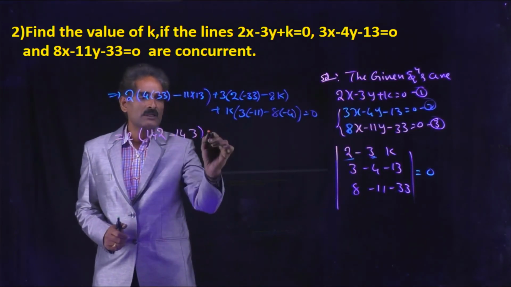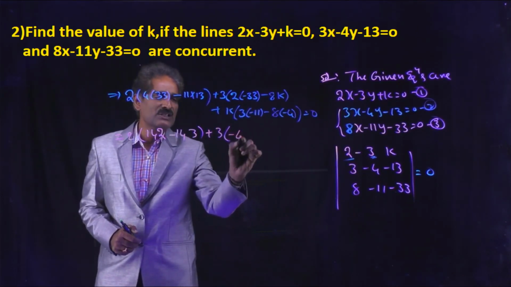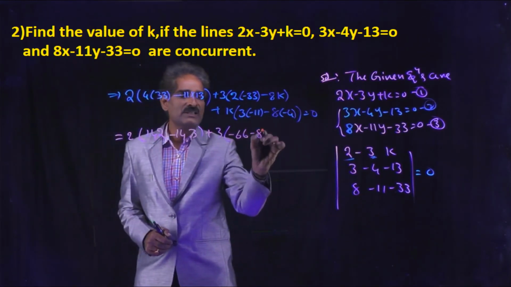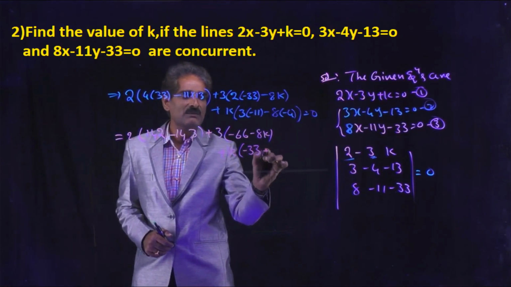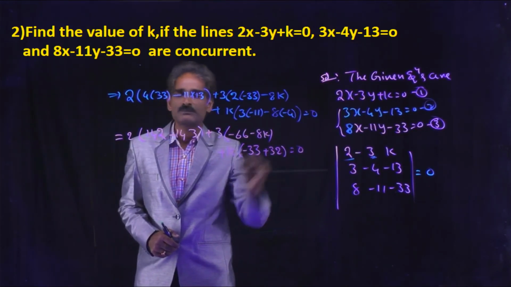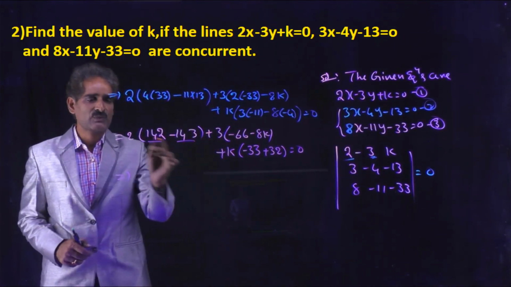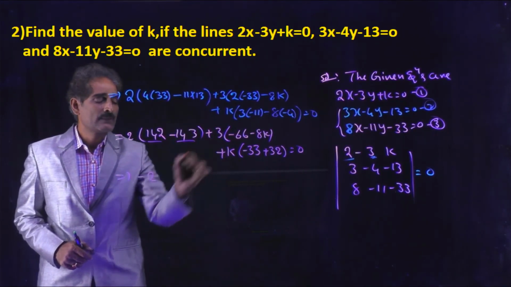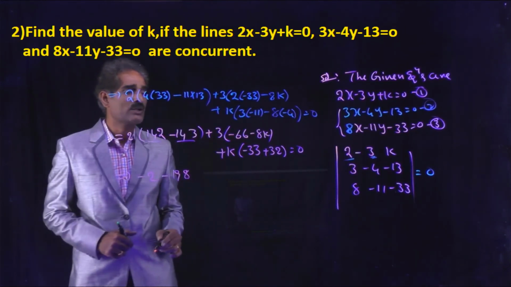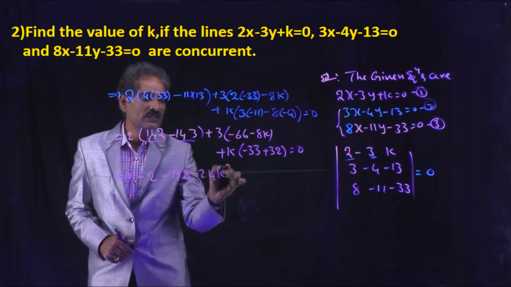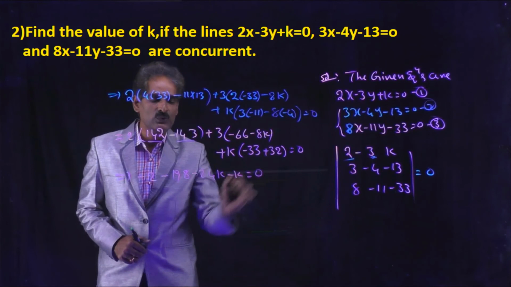Next, plus 3 into 2 into minus 33, that is minus 198, minus 8k, plus k into minus 33 plus 32, that is minus k, is equal to 0.